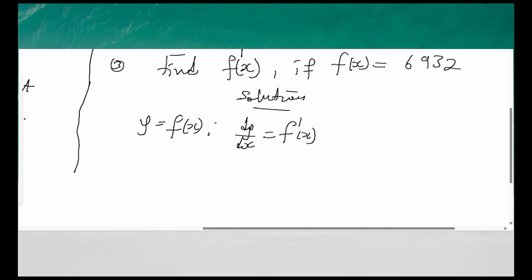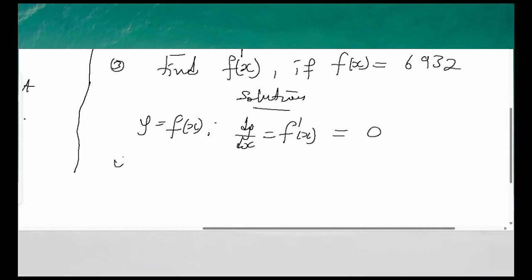So the f prime that we have here is the same as the first derivative. I think we spoke about that in the previous video, so if you have an issue with that, try to check out the previous videos. And here, the first derivative of f of x, since f of x is a constant, is just going to be 0. You're not going to do anything.